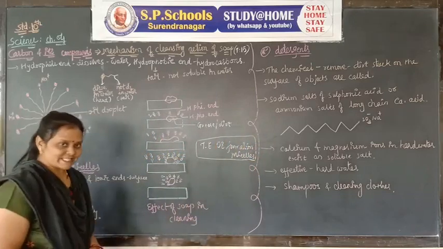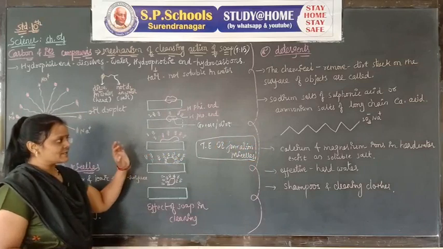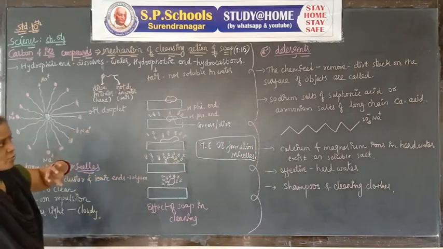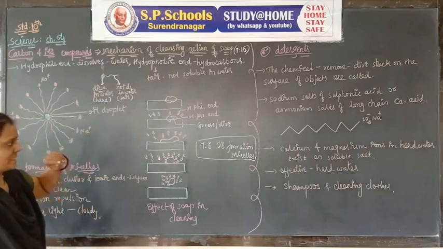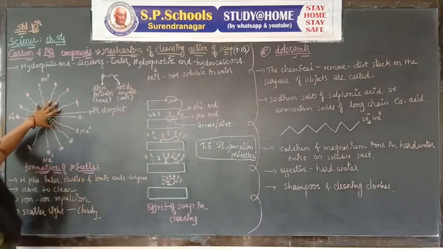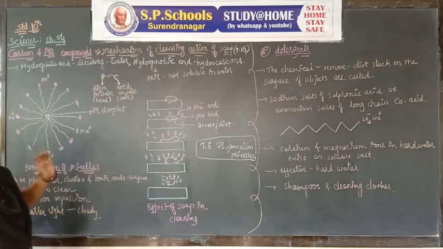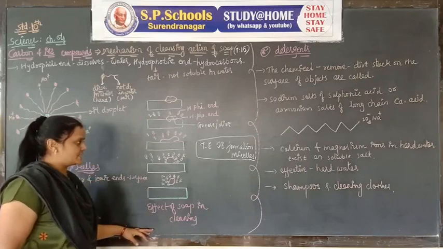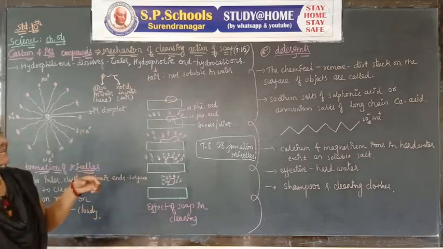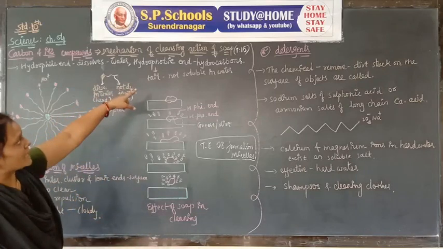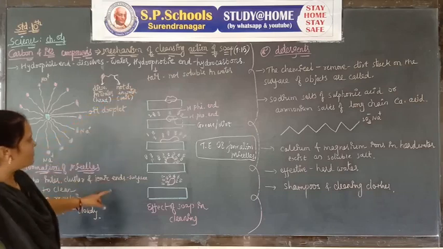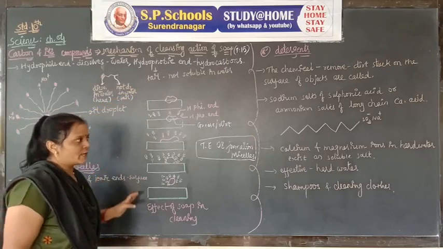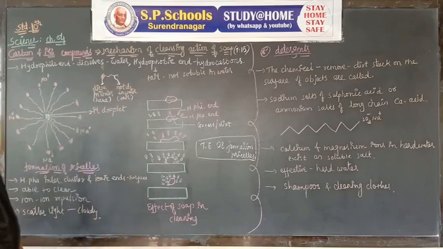Both questions are different, but the answer is almost the same. When you have to write a short note on the formation of micelle, you draw only one figure, the formation of micelle. You don't need to draw the effect of soap in cleansing. But if the question is the mechanism of cleansing action of soap, you have to draw both figures and write points about the micelles.